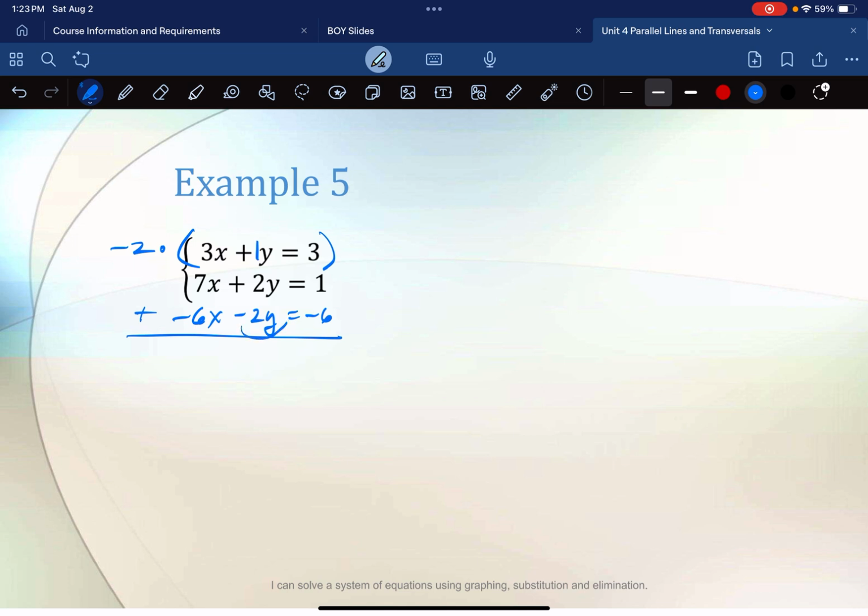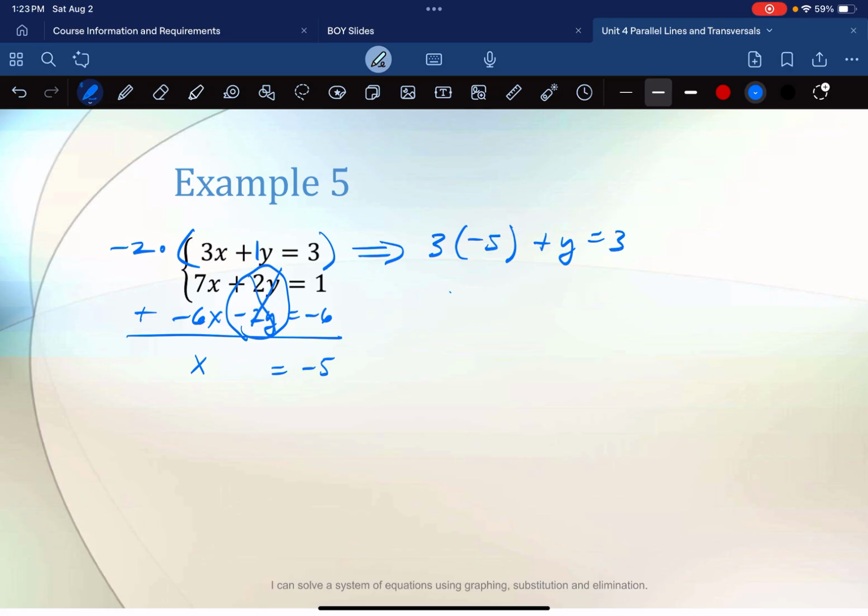These two are opposites, and they are going to cancel each other out. 7x minus 6x is simply 1x. 1 minus 6 is negative 5, and x is negative 5. Now take either of the equations. I'm going to take this top equation, 3x plus y equals 3. But instead of x, I'm putting in negative 5.